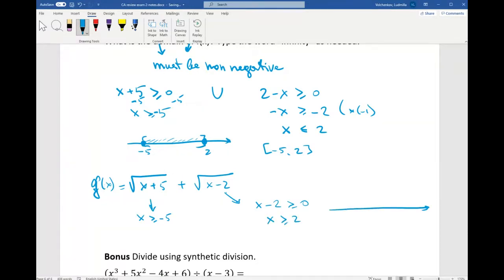Let us draw both conditions on the same number line, -5 and 2. Then the function is defined when both conditions are satisfied, so the answer will be x greater than or equal to 2, or the interval from 2 to infinity.